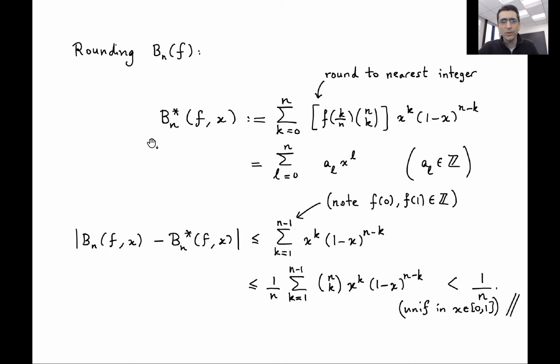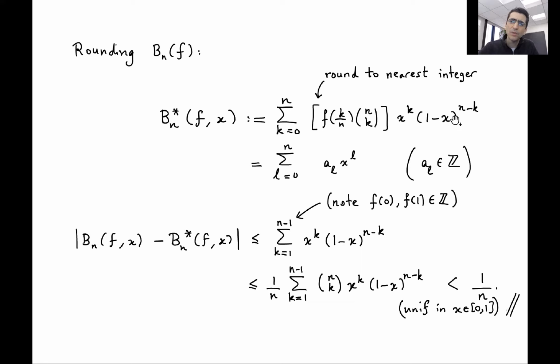Okay, so we are going to compute a new polynomial, Bn star, where the expression that you see here, f of k over n times n choose k, that real number is rounded to the nearest integer. So now we do get an integer multiplying x to the k times 1 minus x to the n minus k.